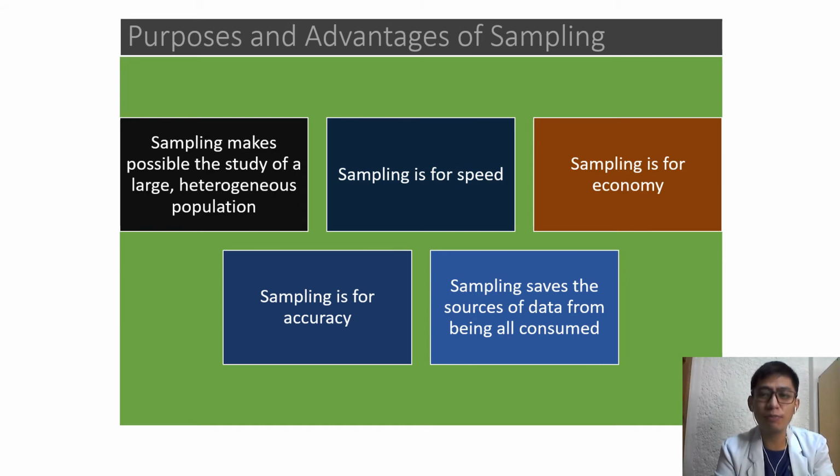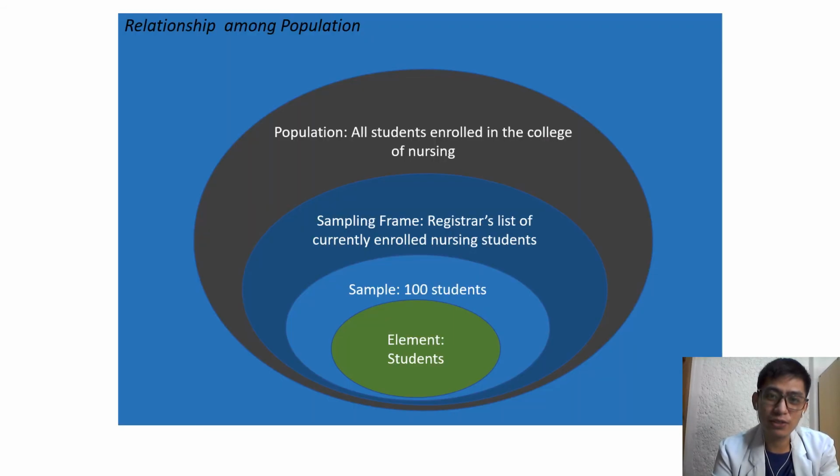Your results can be replicated, and we can assume that it can be true to all. Sampling saves the sources of data from being all consumed. I've already discussed that sampling is cost effective. Sampling could help the researcher not to be burned out in doing the research.